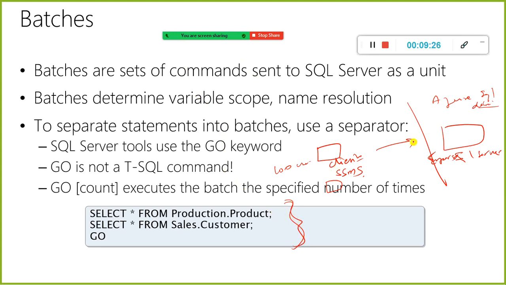Sending one query at a time can cause severe network bandwidth issues. Apart from this, logically we want to group these two things together and send them together. In that case, this is very much helpful.